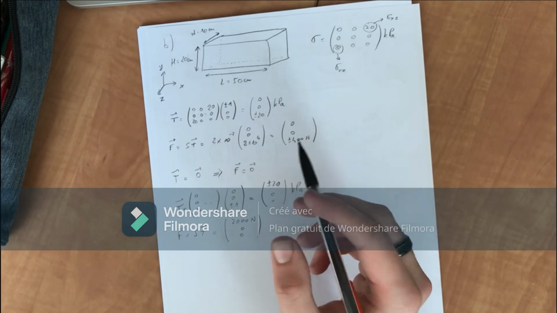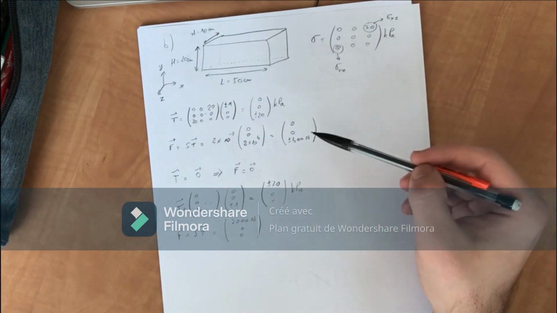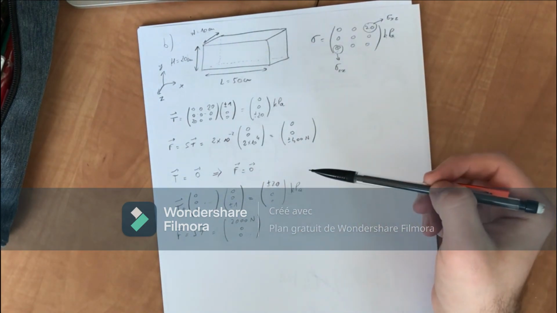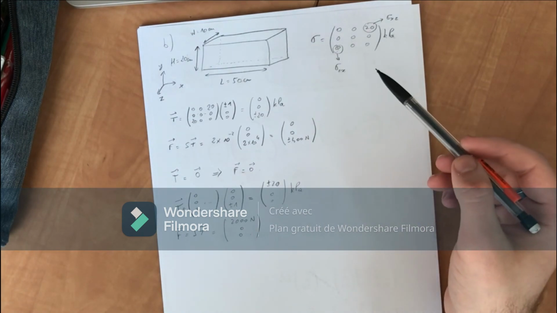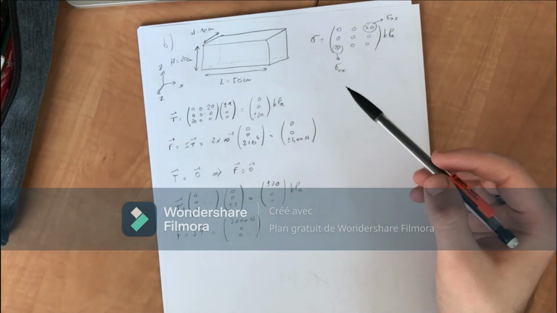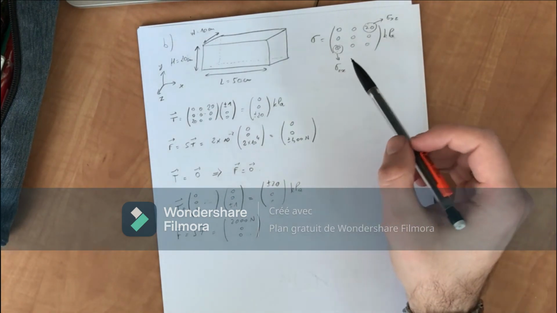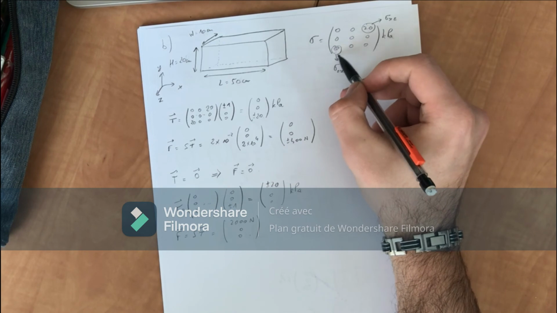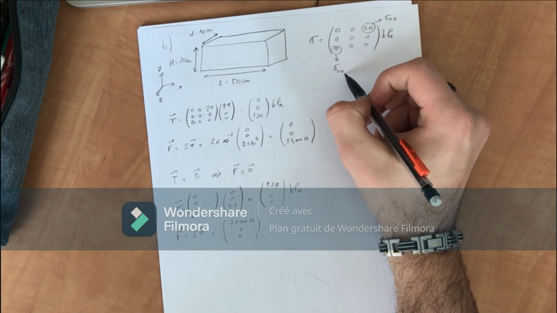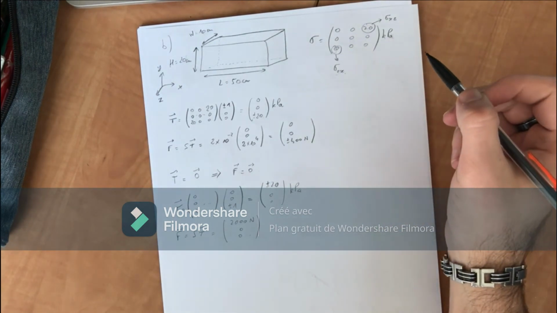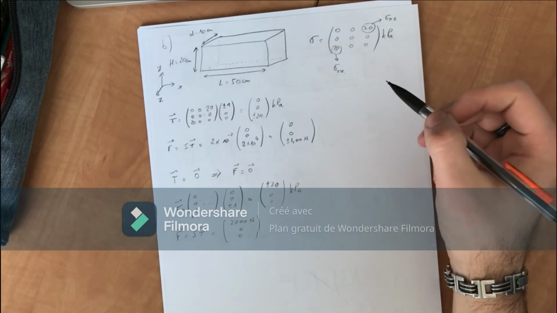So at the end we have two forces, and they are not along one axis only. Of course, we have here two components on the zx plane, which is related to shear.